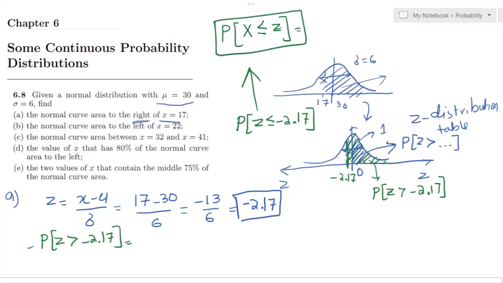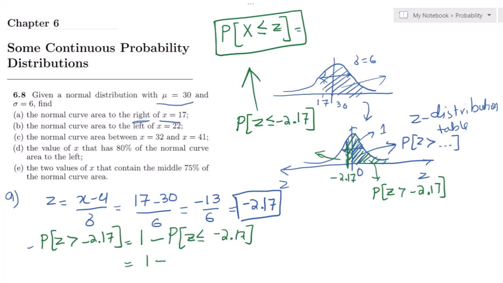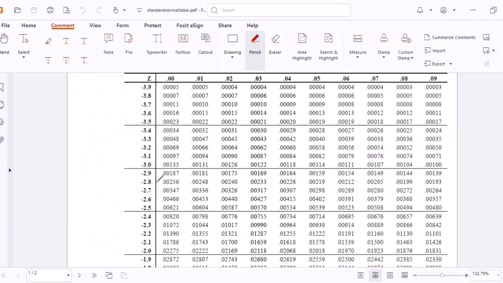So this area is basically the total area minus this one. The total area in any probability distribution is 1, and from 1 we have to subtract this area, which is the probability that z is less than or equal to minus 2.17. You can write it z, you can write it x, whatever you want, because these are the values of z. So let us consult our table for minus 2.17.